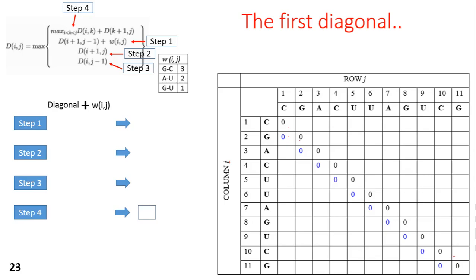The values of step 2, step 3 and the previous diagonal would always be 0. The column position would always be 0 and the row position would always be 0.